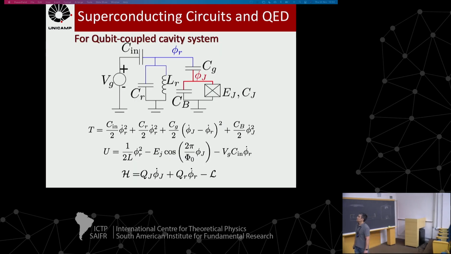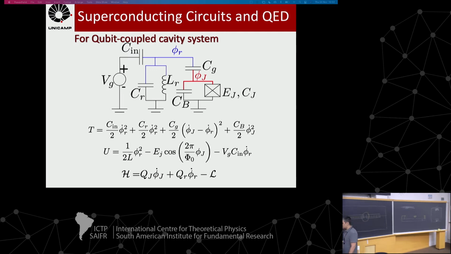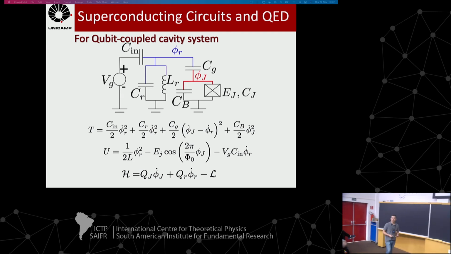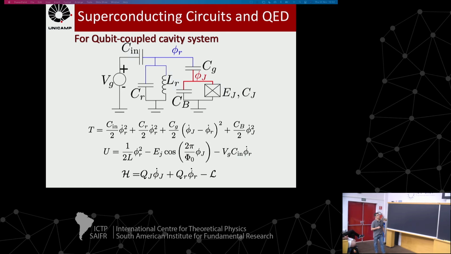Okay. Now that we have a better idea of the main elements we have in the circuit, let's try to write a Hamiltonian describing the behavior of a circuit with the main elements we described before. Here we have the harmonic oscillator, the LC circuit.